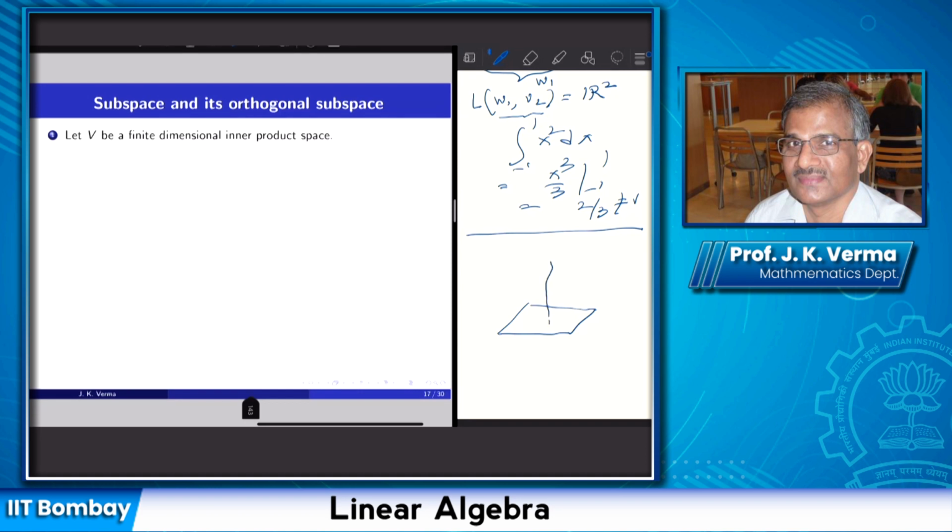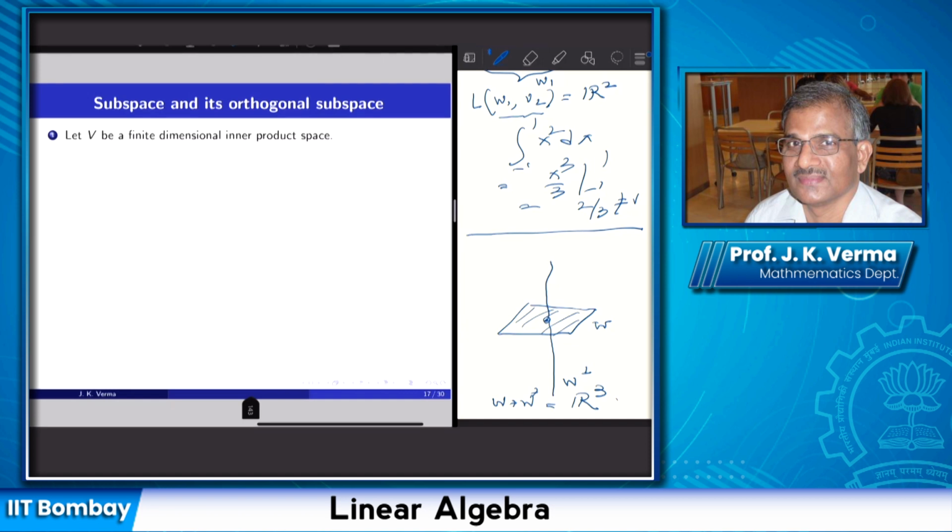So all vectors which are perpendicular to this will be along the line passing through the origin: take one vector which is perpendicular to this plane, and take all scalar multiples. So if W is this plane, then W perp will be all vectors along this line passing through the origin, and these are perpendicular to W. If you add these two subspaces, you will get the whole space.